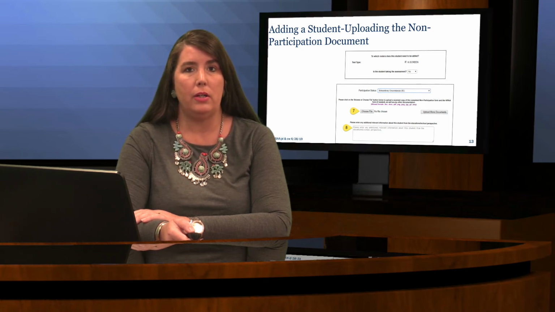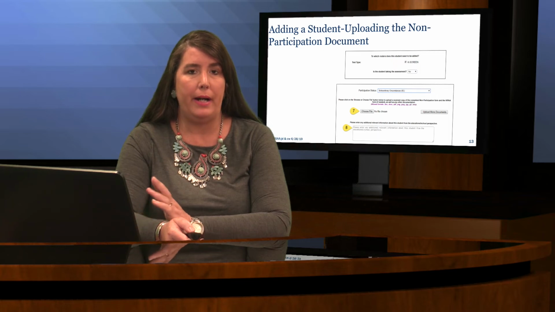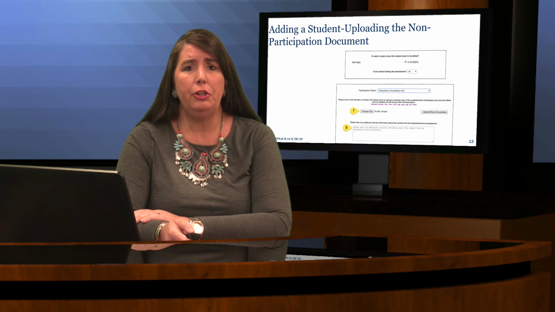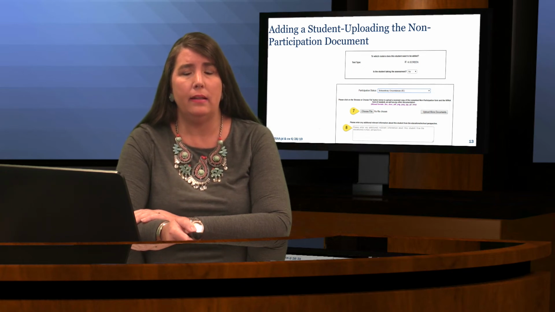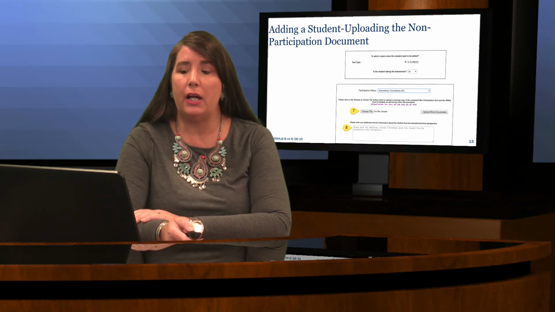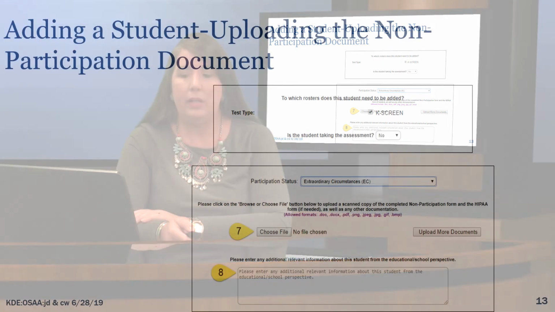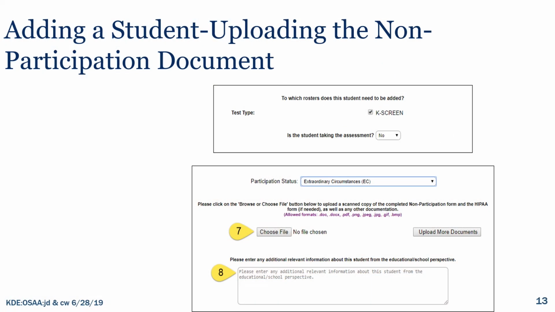Well, we don't want kids to have to go through that screener as well, or put the parents through that as well. So what you're going to do is take that copy that you have, scan it in, upload it, and choose the file that you're going to be putting that under.